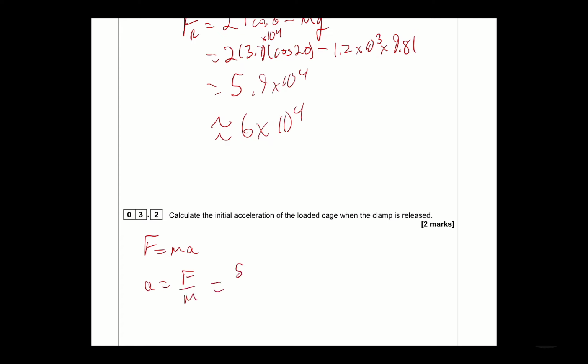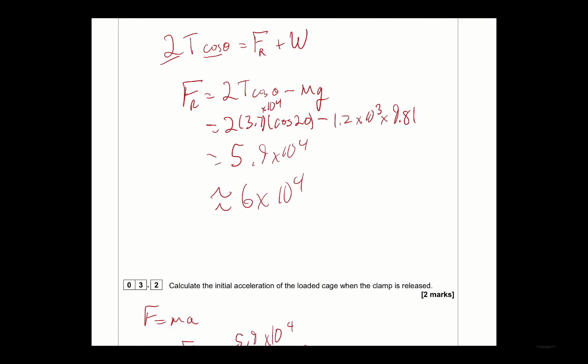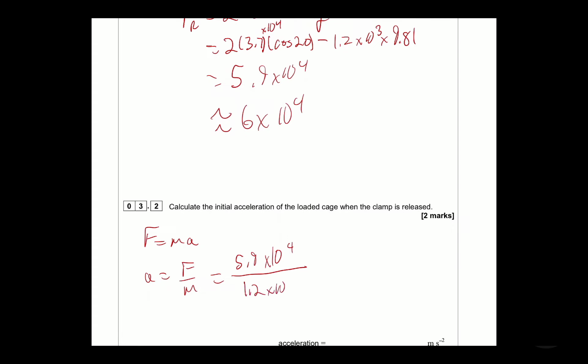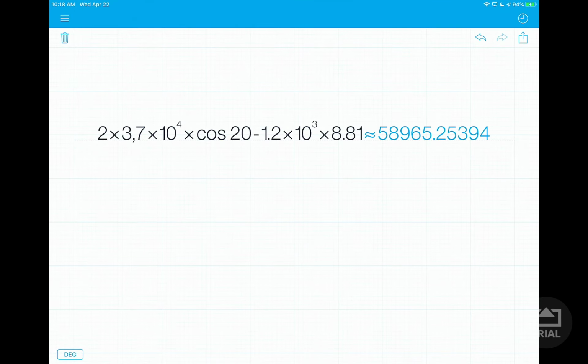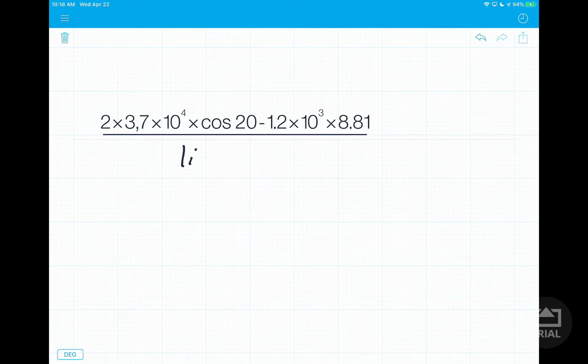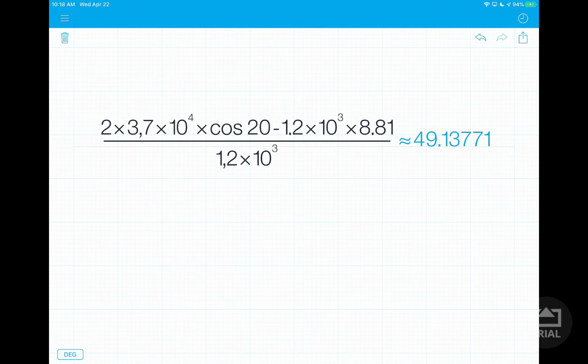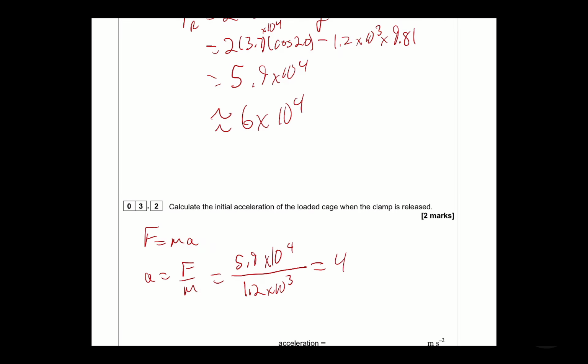We've got 5.9 times 10 to the 4 divided by 1.2 times 10 to the 3, which equals 49 meters per second squared.